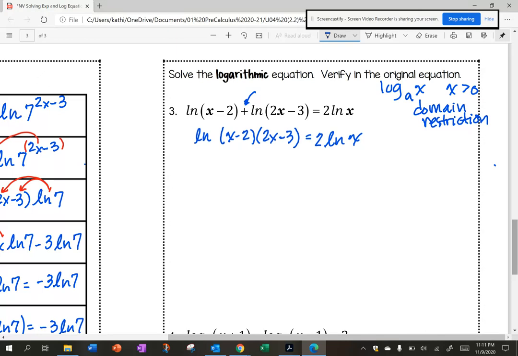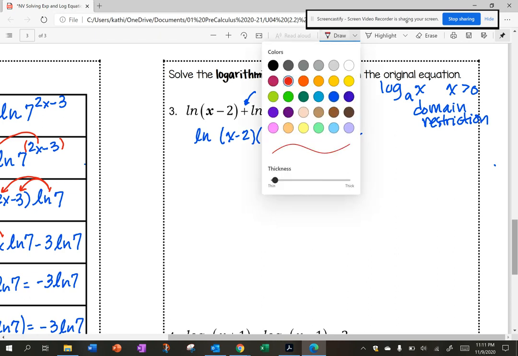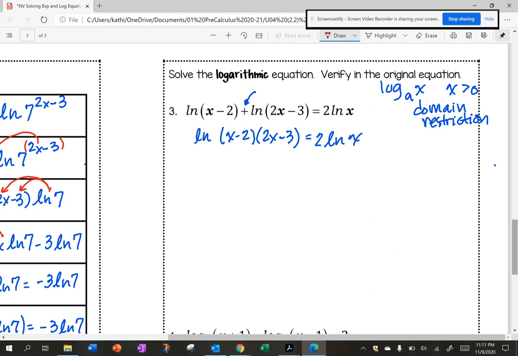Okay, so the next thing I want to do is undo the natural log, so I'm going to exponentiate. To exponentiate means I am raising it to an exponent, and my base is e for natural log.